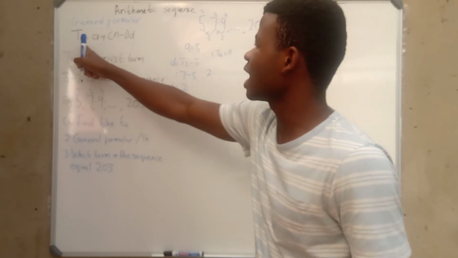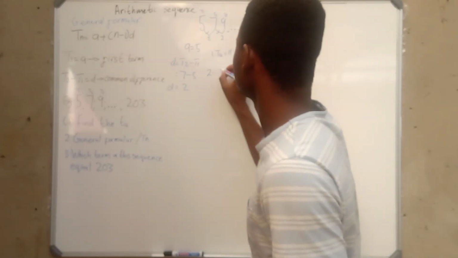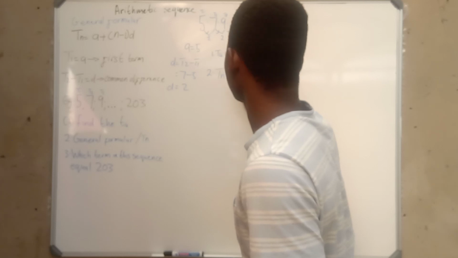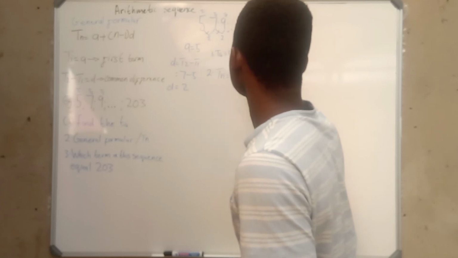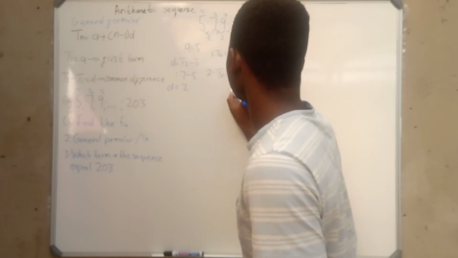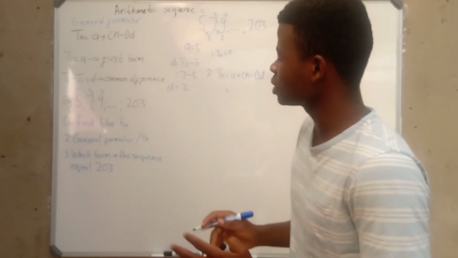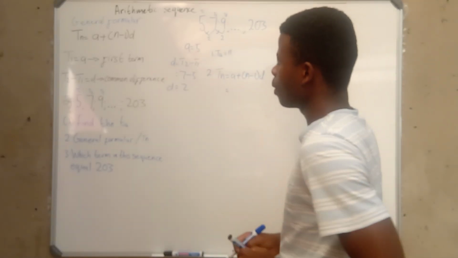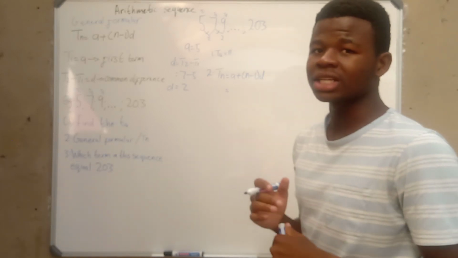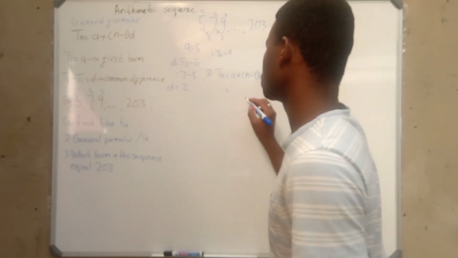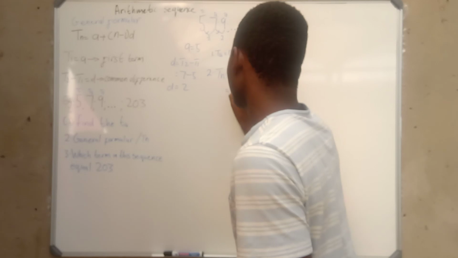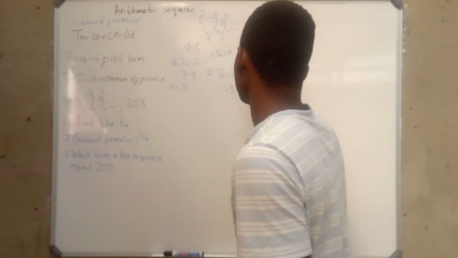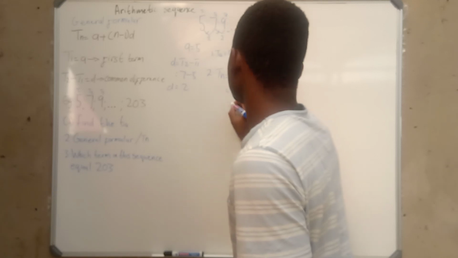First things first, I write this formula right here: Tn = a + (n - 1)d. Because I have now identified my a and my d, I'll just substitute. My a is 5, plus (n - 1), and our d is 2.